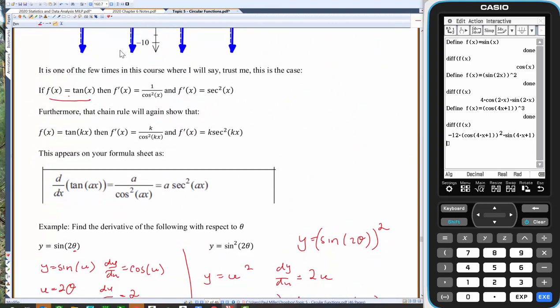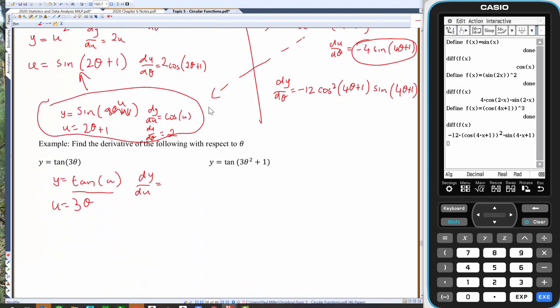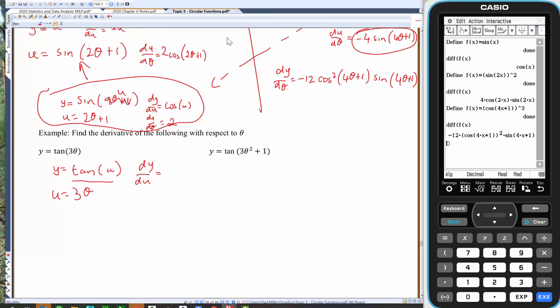So the derivative of tan is secant x all squared. So what I'm going to note here is this tan of u is equal to secant of u all squared, but I shouldn't write x there, that's got to be a u. All right, du d theta equals 3.